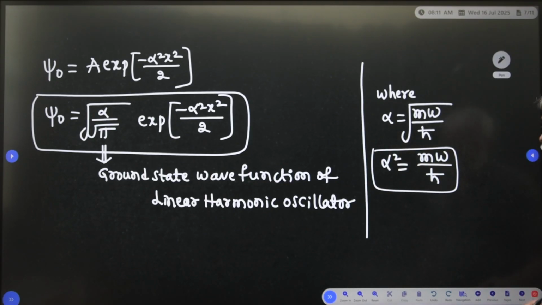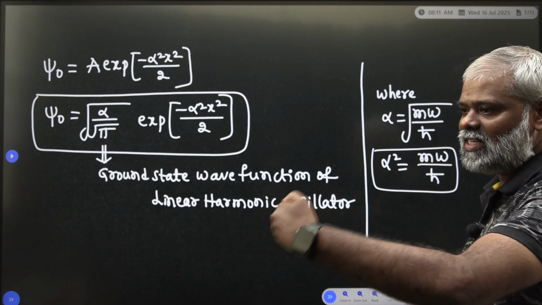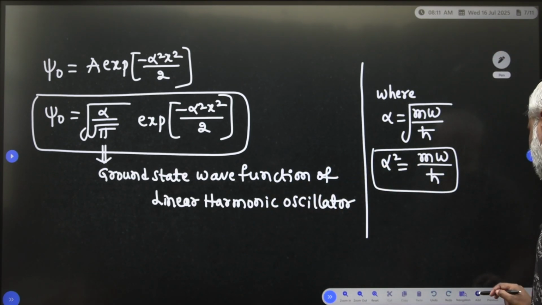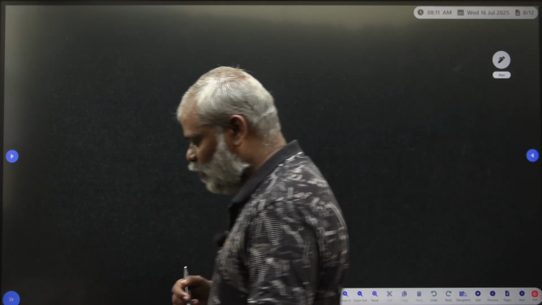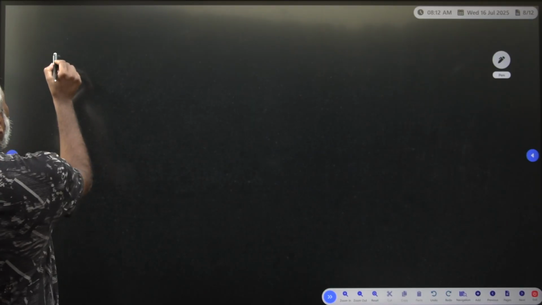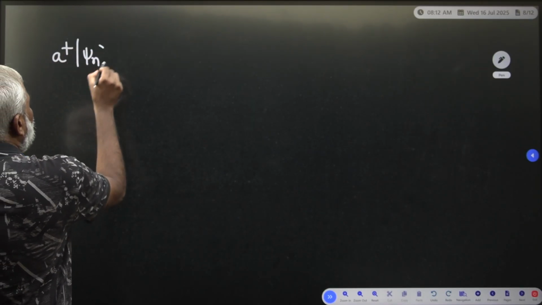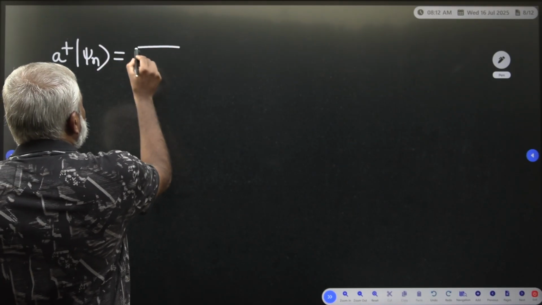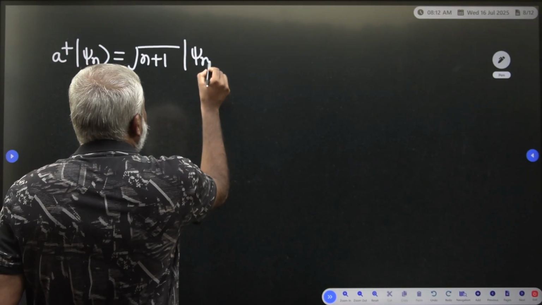Now, we need to take another wave function, not the ground state, the first excited state wave function we need to calculate. How do we calculate the first excited state wave function? Already we know a dagger applied on ket n gives square root of n plus 1 into ket psi n plus 1.